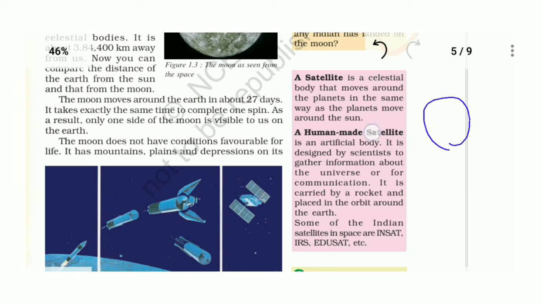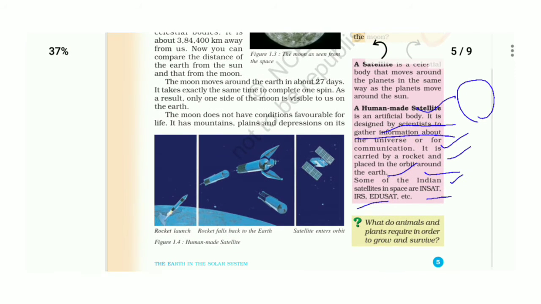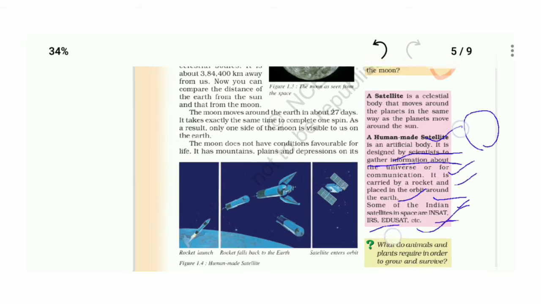An artificial satellite is a man-made satellite designed by scientists to gather information about the universe or for communication. It is carried by a rocket and placed in orbit around the Earth. Some of the Indian satellites in space are INSAT, IRS, EduSat, etc.